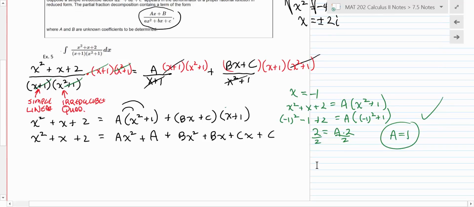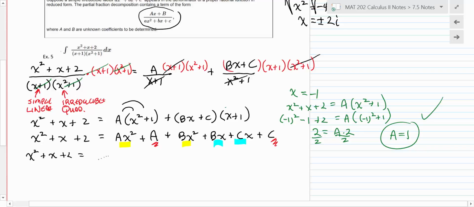Now we want to get together that system. So you want to group together your x squareds. You want to group together your x's. And you want to group together the constants like that. So what you're going to have is x squared plus x plus 2. And then just put these together.